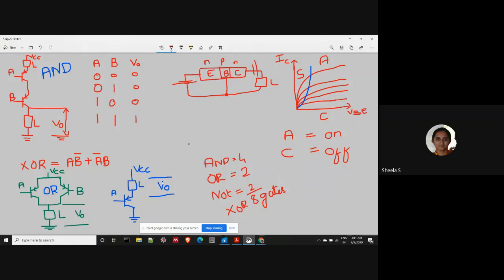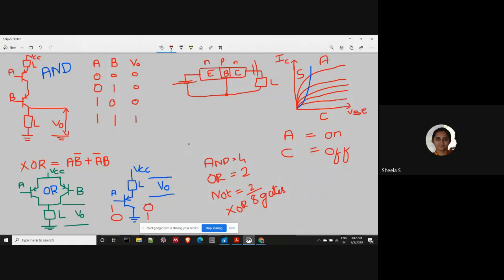So the output voltage will be maximum. If I turn on the transistor, there is a flow of current between VCC to ground, and the output voltage will become minimum. Means when A is 1, the output is 0. When A is 0, in that case output voltage is maximum, so it will be equal to 1.